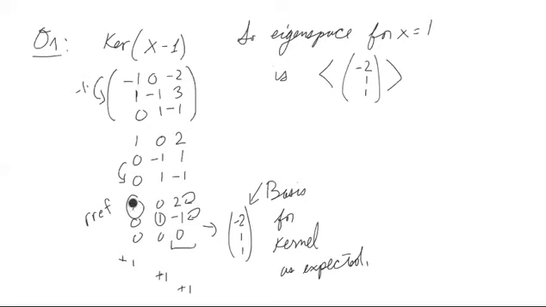Since this is in column 1, we keep this in row 1, but we change its sign. Since this pivot came from column 2, we keep this in row 2, we change its sign, and then we add a 1 down the diagonal, and there would be a 1 hitting there. This is the basis for the kernel, but that's exactly as we expected in our other calculation. Okay, so that's the eigenspace.